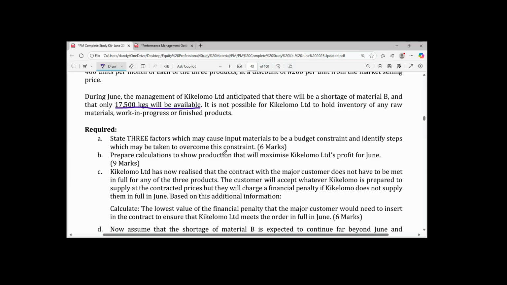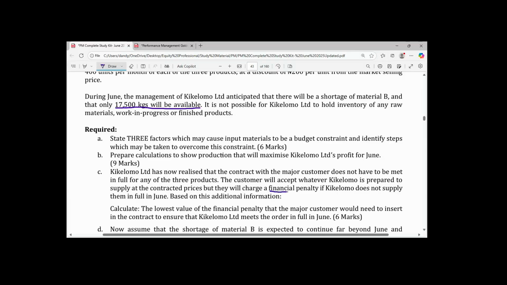Next, Kikelomo Limited has now realized that the contract with the major customer does not have to be met in full for any of the 3 products. The customer will accept whatever Kikelomo is prepared to supply at the contracted price, but they will charge a financial penalty if Kikelomo does not supply them in full in June.